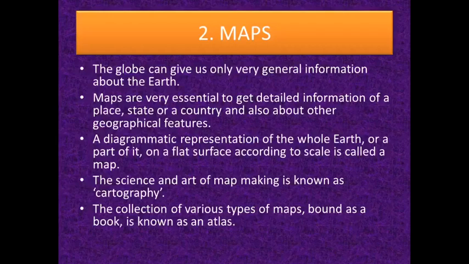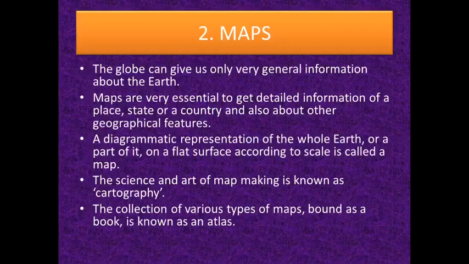So what is a map? A map is a diagrammatic representation of the whole earth or a part of it on a flat surface according to scale, and this is called a map. The science and art of map making is known as cartography.